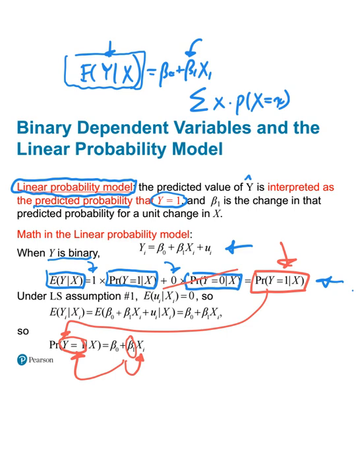This suggests that volunteering will increase the likelihood of you being accepted to college, so y equal to 1, by 30%. This gives us an idea of the impact of our independent variable on our binary dependent variable. So we're thinking about beta 1 increasing or decreasing the probability of something happening or not happening, depending on how it's coded.